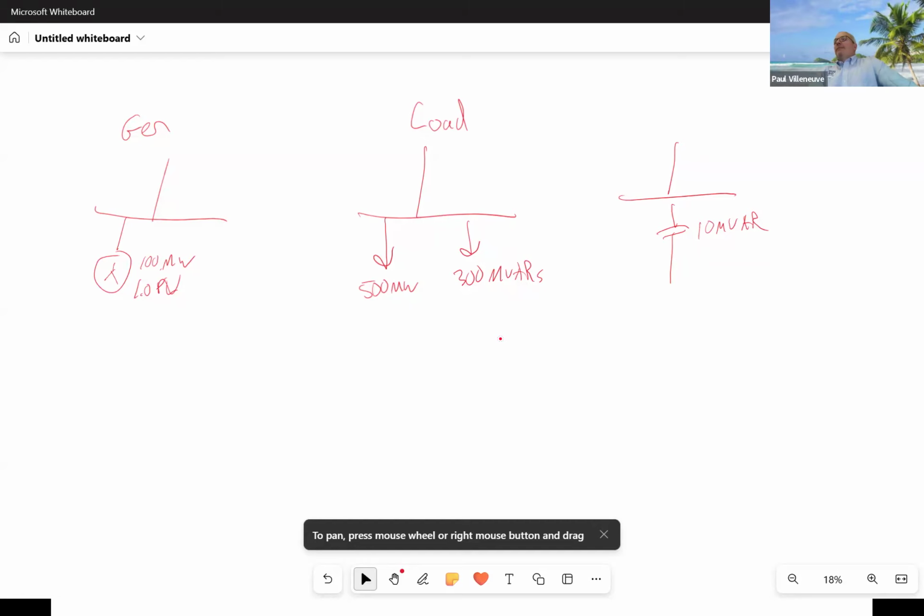But we have PV. Wait a minute. But B just said this is a load bus because we have P and Q specified. Do we? I only see 10 megavar. So is everybody saying B is wrong? Everybody's afraid to say yes. I'm not saying he's wrong. He's actually right. How much power does a capacitor consume?